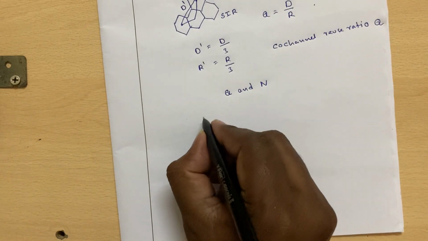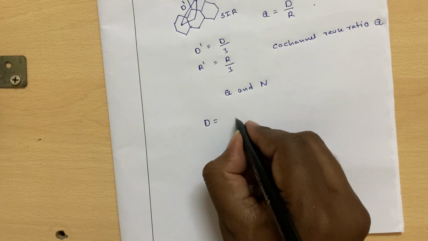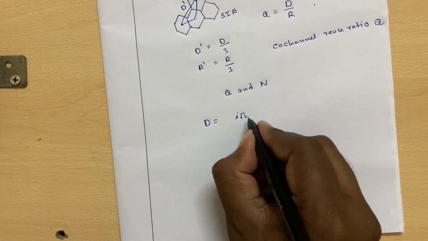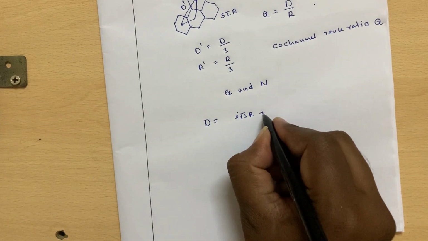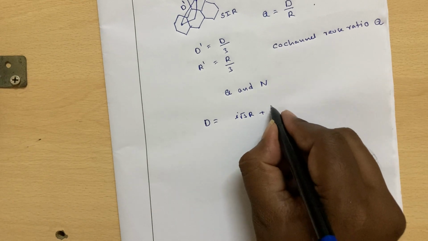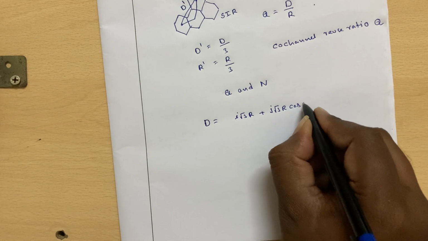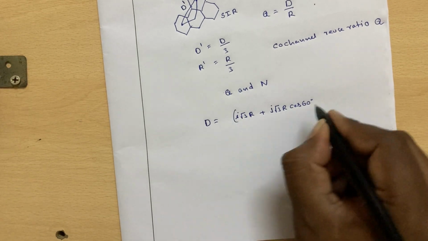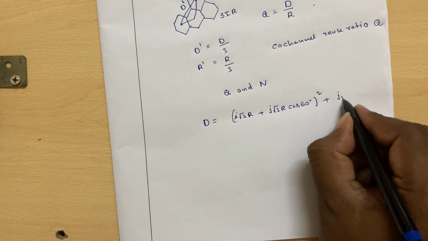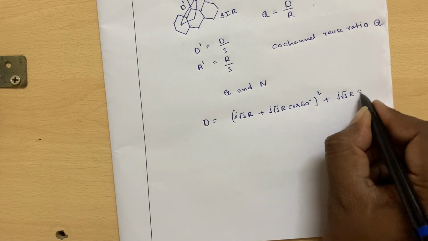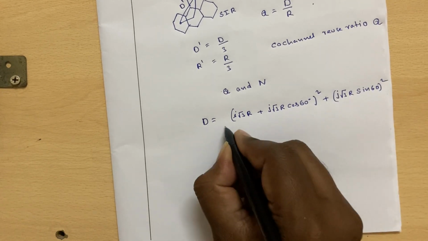Then d is equal to the square root of (i root 3 r plus j root 3 r cos 60) whole square plus (j root 3 r sin 60) whole square.